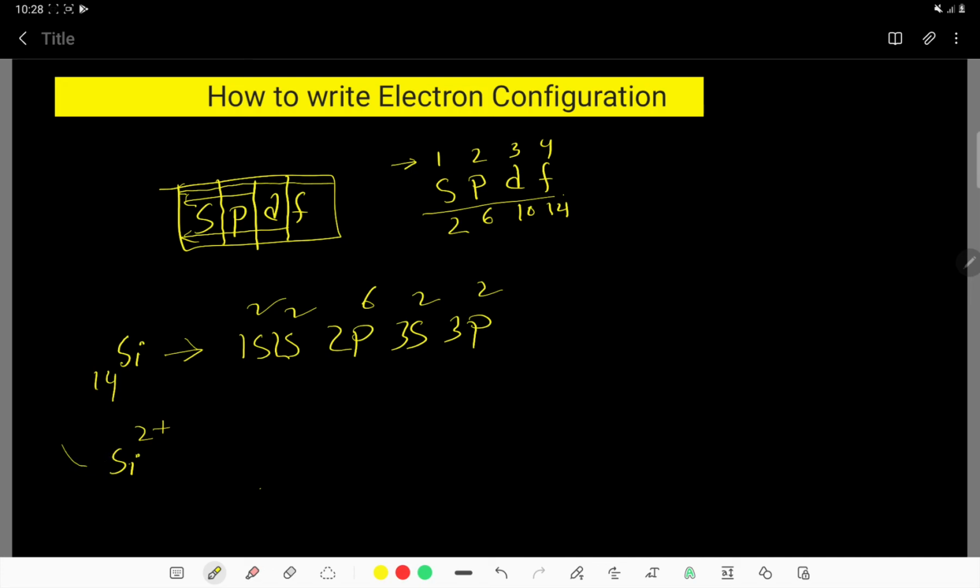First write the electron configuration of the neutral silicon atom, then you have to deduct 2 electrons from the outermost shell.